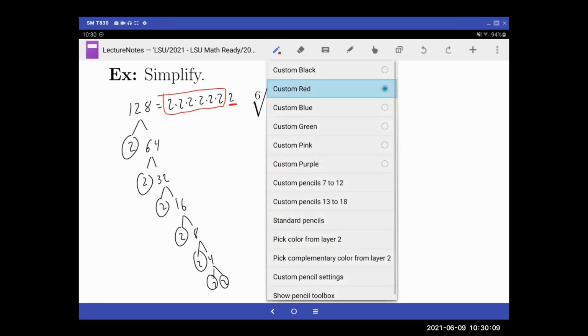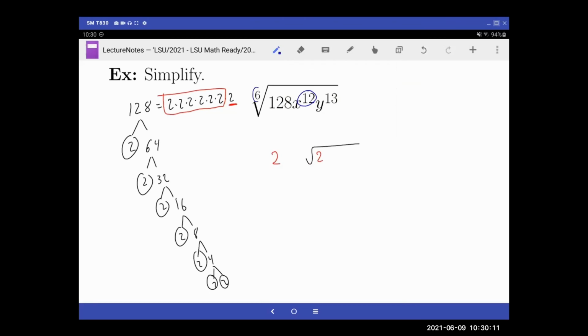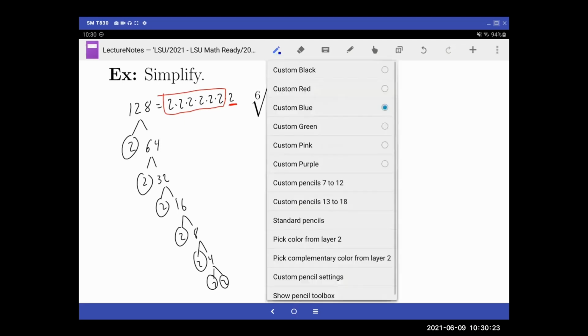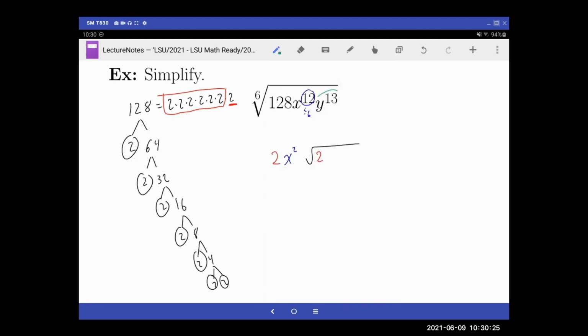Okay, this is easy enough. x to the 12th. 12 divided by 6 is 2, so x squared will come out. Okay, y to the 13th. Well, 13 is a little bit big, so we're going to have a remainder.